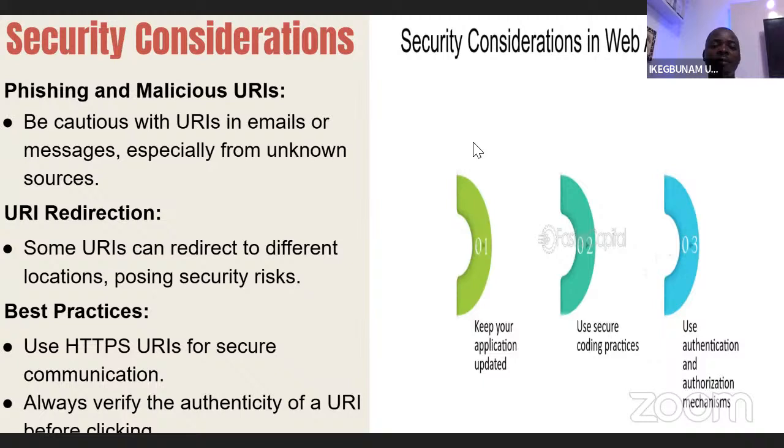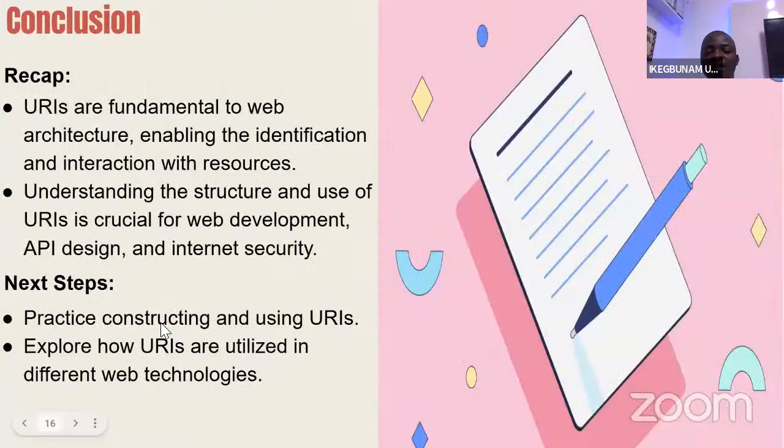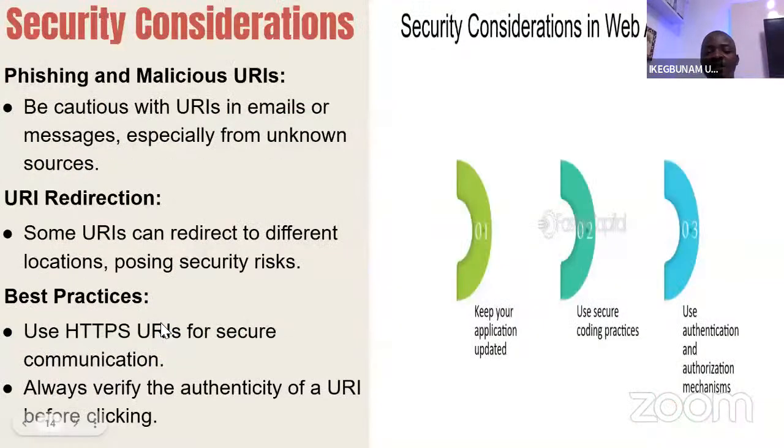When you click that link, it redirects you to a different URL, which is not the intended URL. So we have to be cautious about that. Best practices are to use HTTPS URIs for secure communication. Always verify the authenticity of a URI before clicking a link.